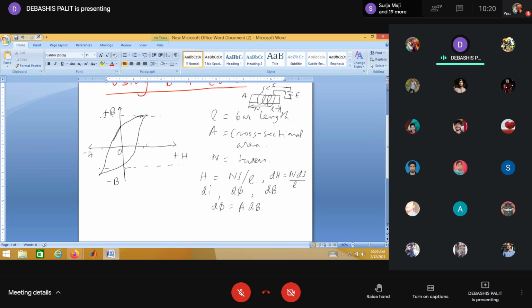Now I'm considering a very small increment of field intensity due to the increment of current. There is a flux increment.